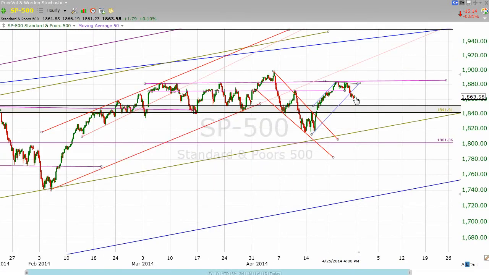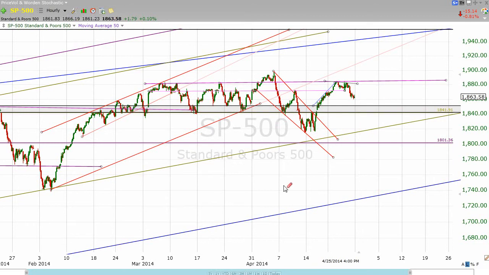So I'm still not in panic mode with the breaking of this line. As a matter of fact, I'm going to get rid of that line because we've got some other technical things that we're potentially coming up on that should give us some support. Most notably is this 1840 to 1850 area.